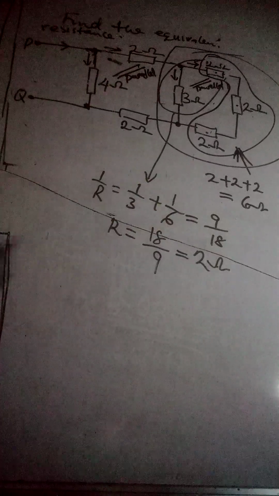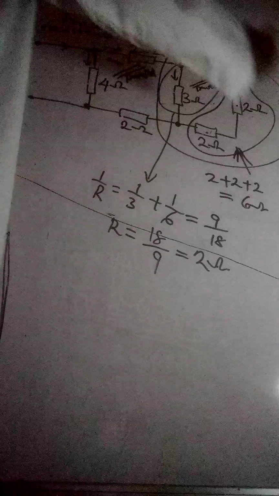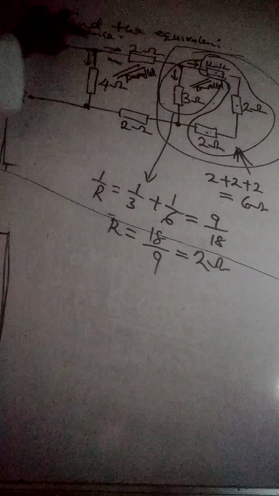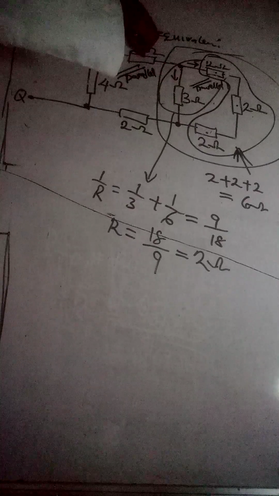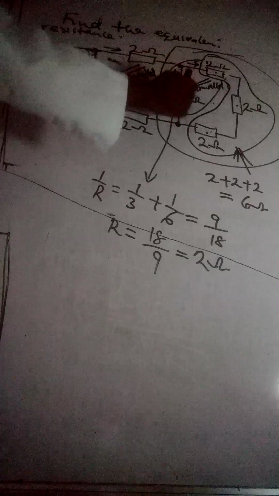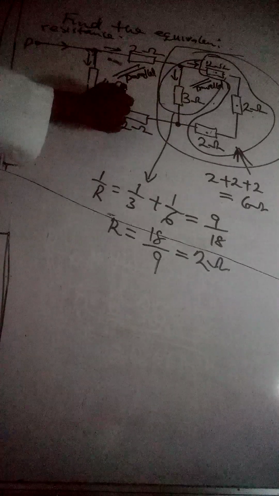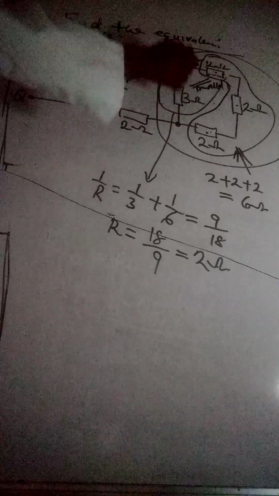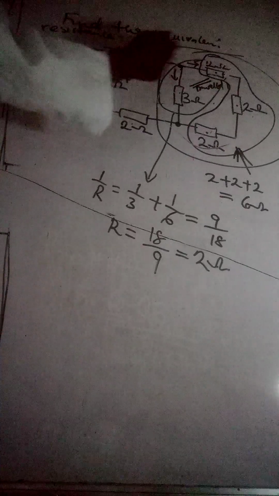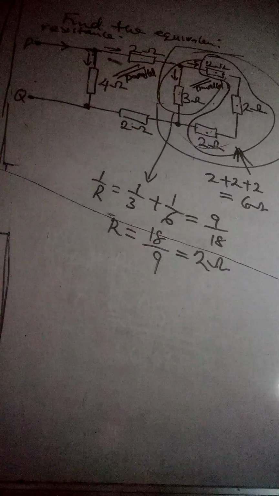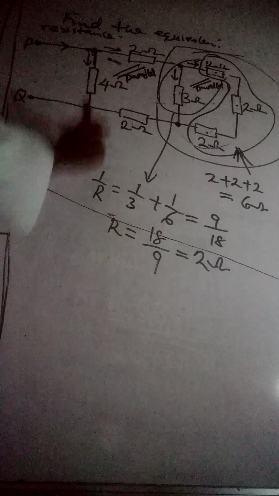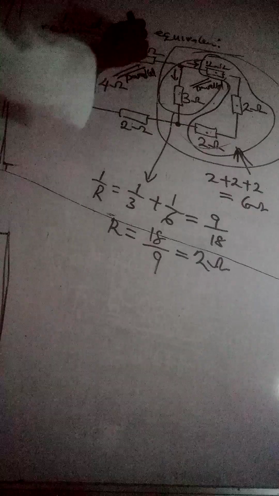Okay? The whole of these have become 2. Now, that 2 now will be in series with these 2 and these 2, because the current that enters here will come through here. So that means we are having 2, 2, 2 again. Don't forget the whole of these have become 2. 2, 2, 2. Okay?